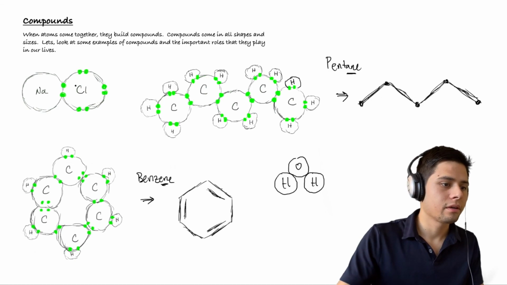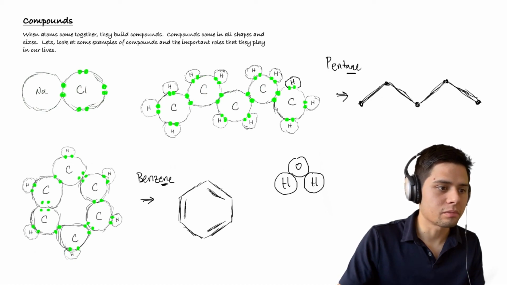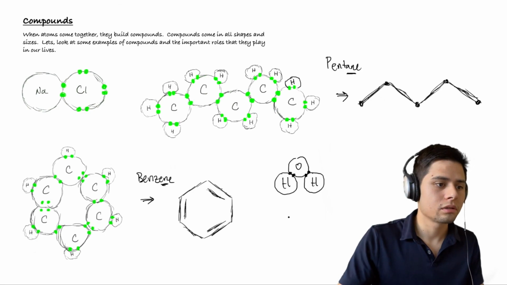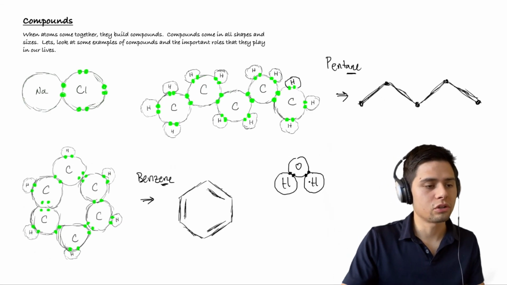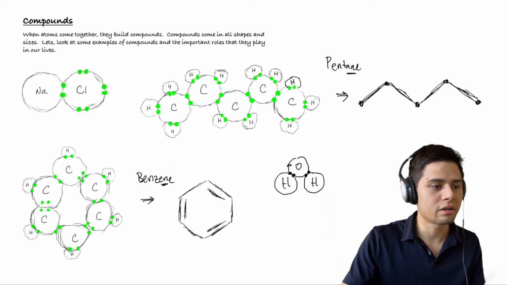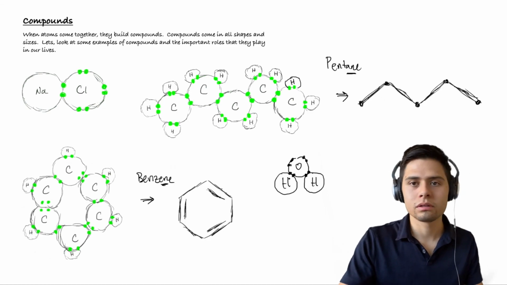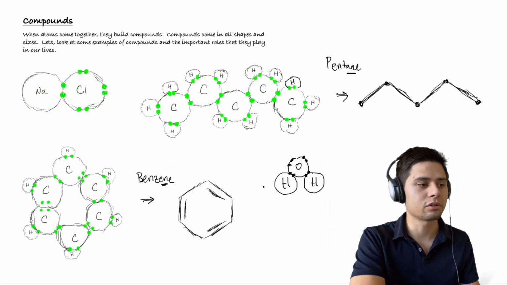And then we have those electrons being shared between the oxygen and the 2 hydrogens, and the oxygen has some lone pairs on it, just like this. This is water. This is something that you'll come across very frequently as well.